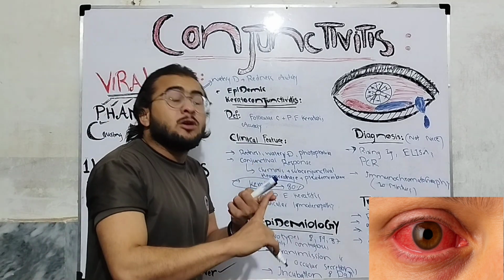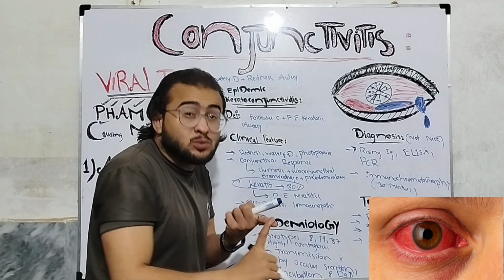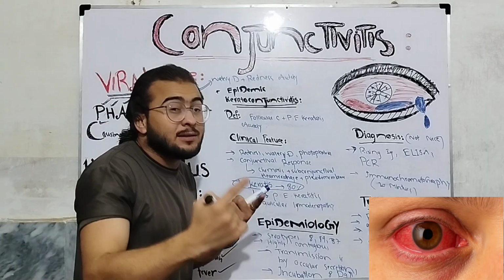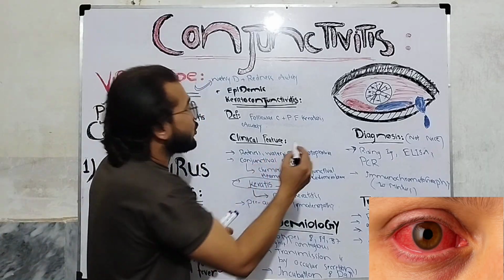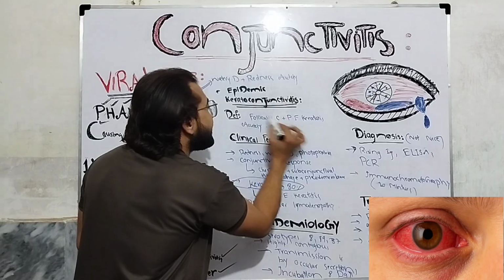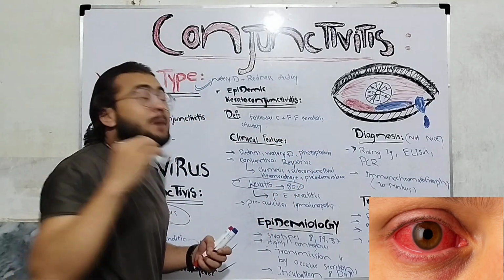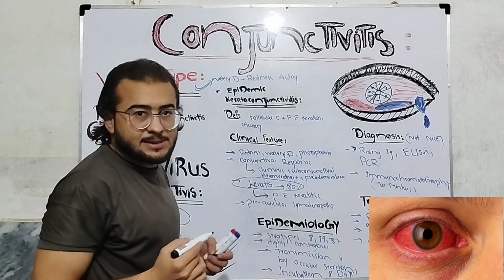It is the acute follicular type of conjunctivitis which is mostly associated with keratitis, specifically punctate epithelial keratitis.